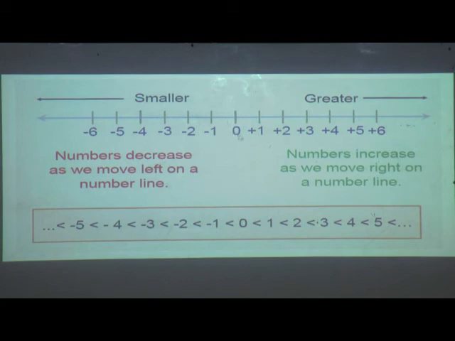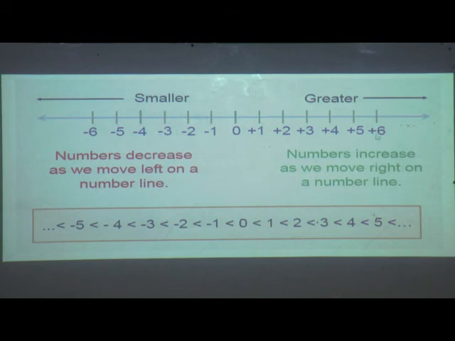From 0, if we move towards the right side, the number increases. You can see +1, +2, +3, +4. The numbers are in increasing order.